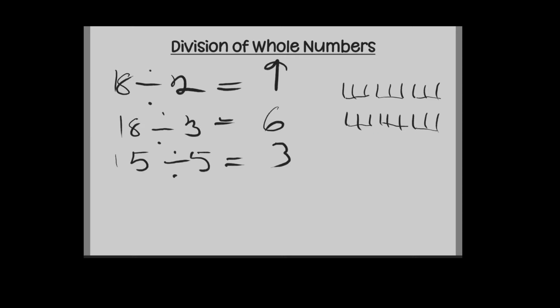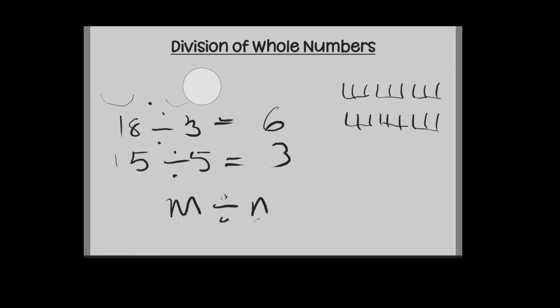So when we say 18 divided by 2, what we are actually saying is how many sets of this number can you find in this number. If I say m divided by n, what I'm saying is how many sets of n can we find in m. That's one way to think about division.